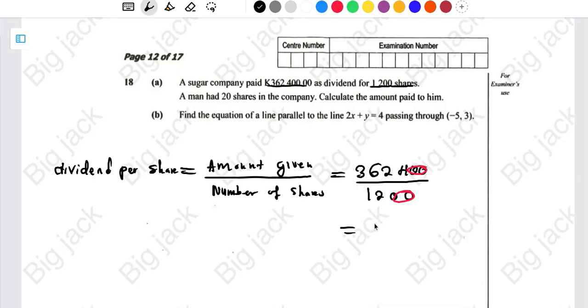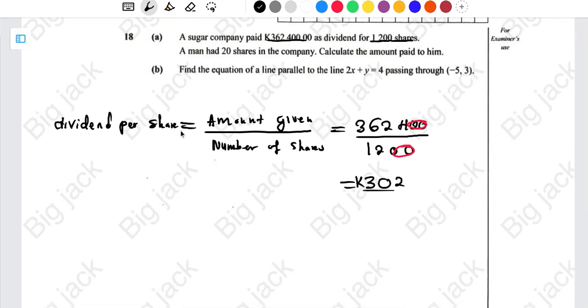Then what are we going to have? We're going to have 302. So 302 was the amount of money given per share. So one share was sold at 302.